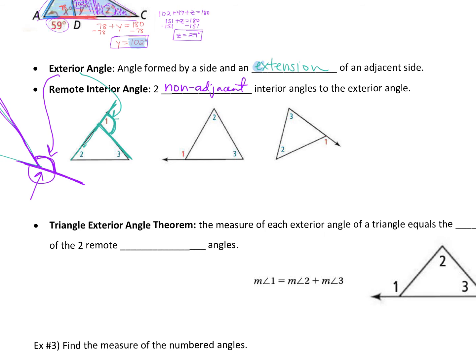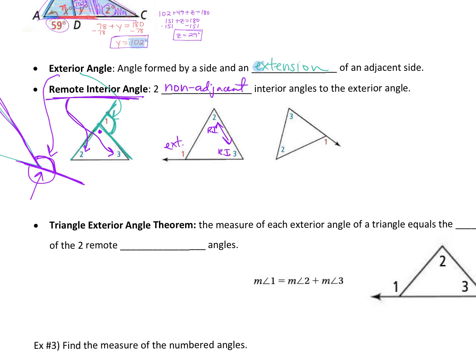Okay? In other words, my remote interiors, like in this picture, are angle 2 and angle 3. This one is not remote. The little dot is not remote. It's right next to the exterior. We want to be away from the exterior angle. So in this example, this one is the exterior, angle 1. These two are the remote interior.